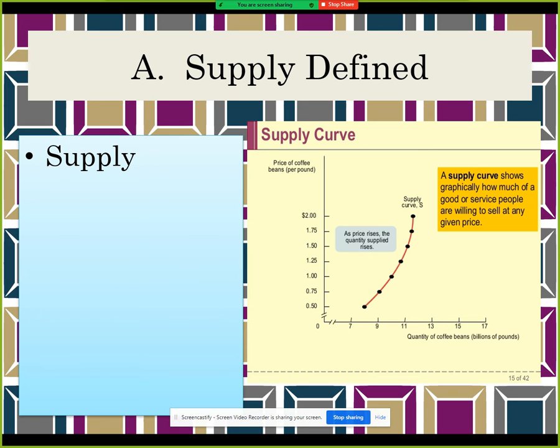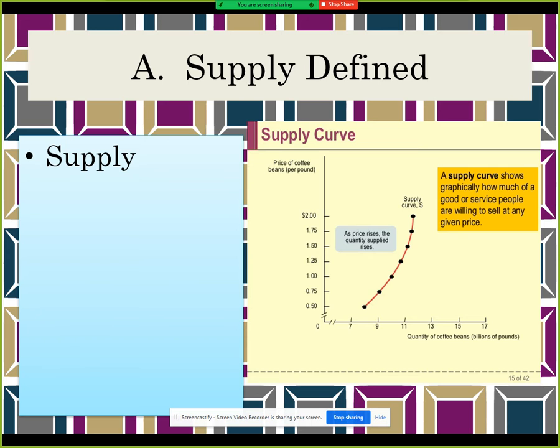So supply, just as demand shows us how much of a good people are willing to purchase, that people will demand at a certain price, supply tells us how much of a good producers are willing to supply at certain prices.